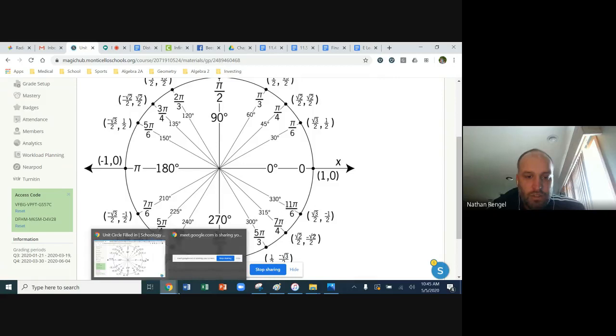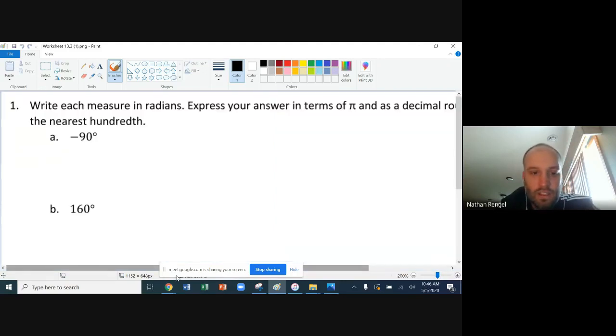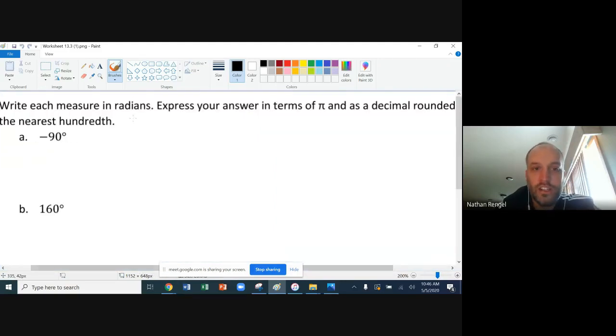So heading into our practice problems, we're going to write each measure in radians, and then we're going to express our answer in terms of pi as a decimal, and as a decimal rounded to the nearest hundredth. Now our conversion that we're going to use is that pi is equal to 180 degrees. And that just is based on how our circumference works on our circle.